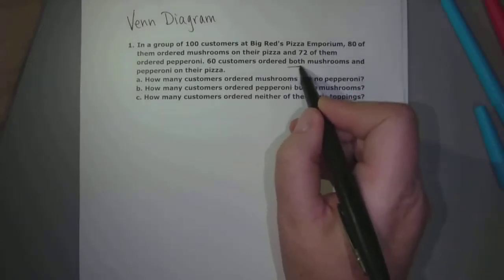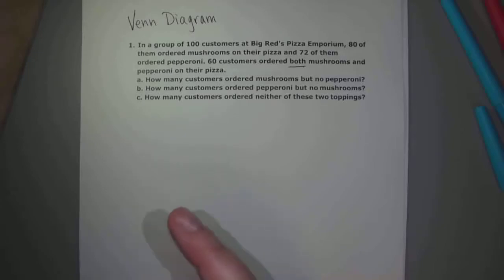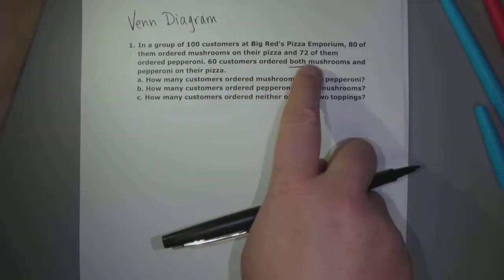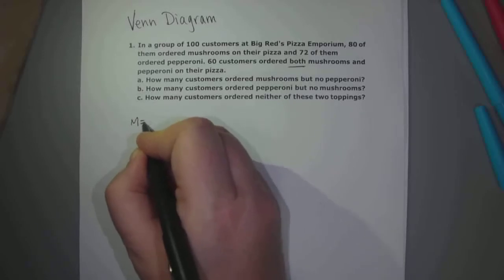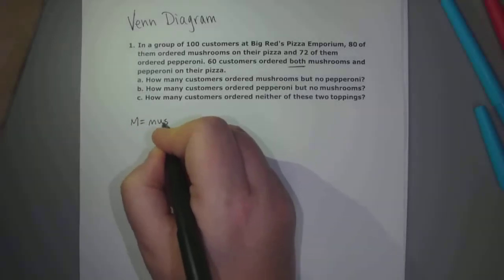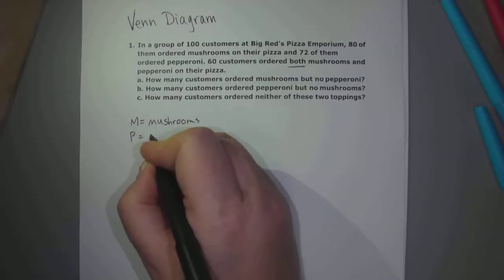So you see that this is talking about an intersection where two things overlap. There's only two toppings that they're talking about, mushrooms and pepperoni. So we would have mushrooms would be one of our sets, and pepperoni would be the other set.